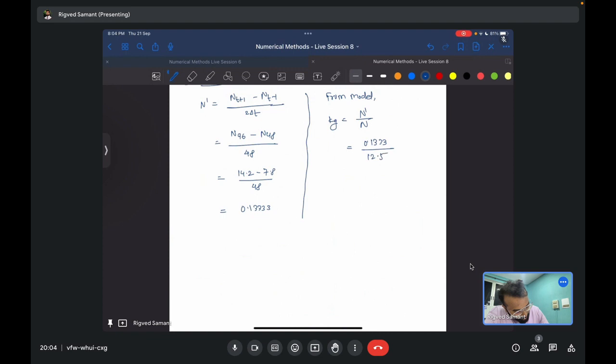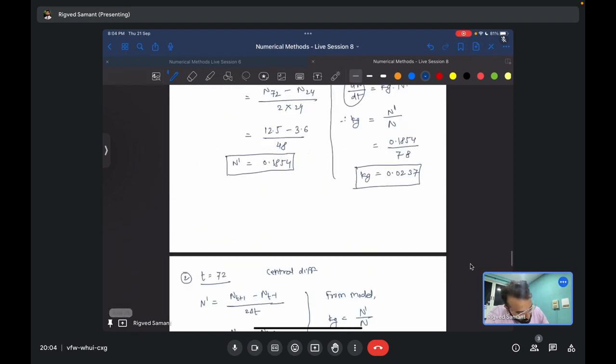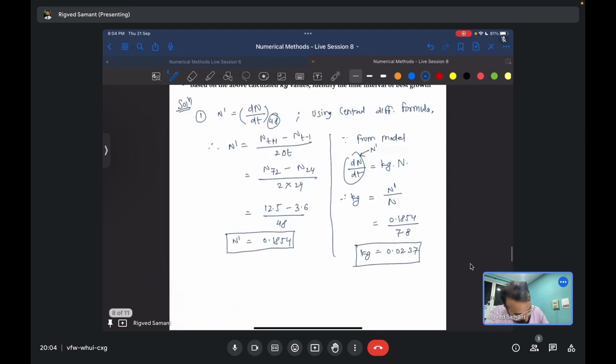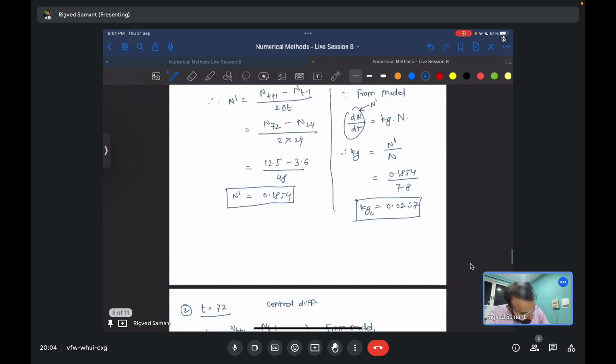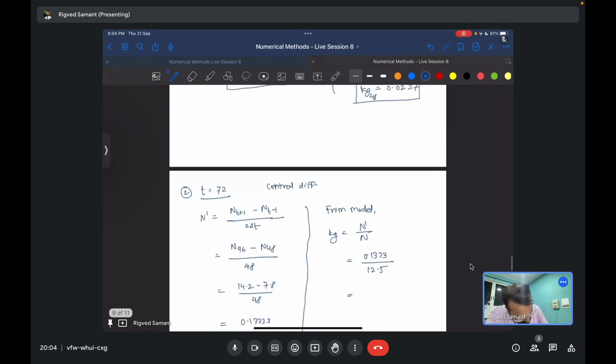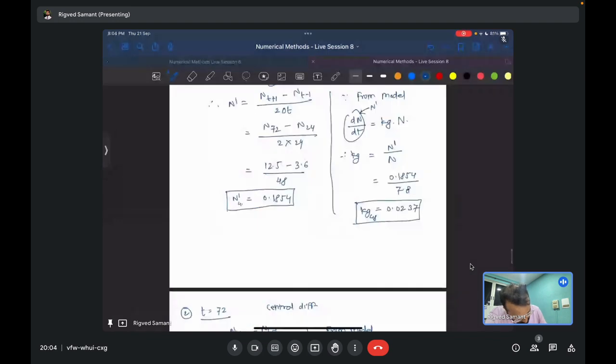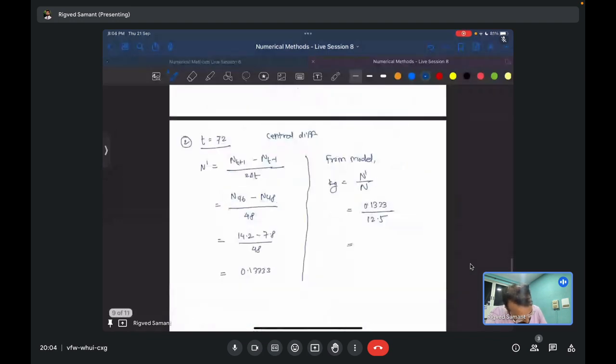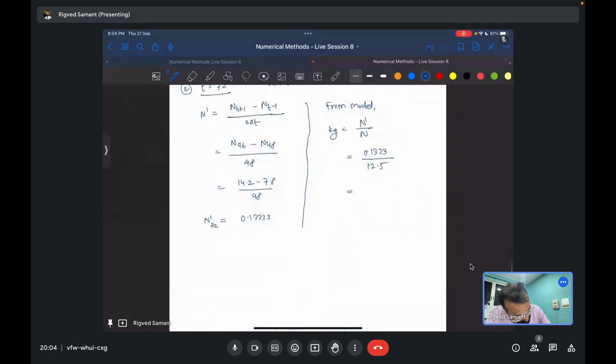For completion's sake, this was kg at 48, and this is n dash at 72. So kg at 72 is 0.0106.